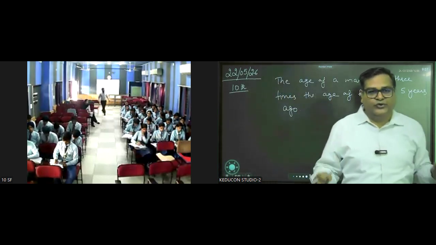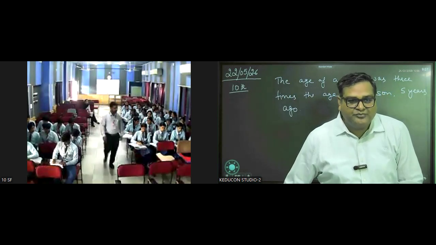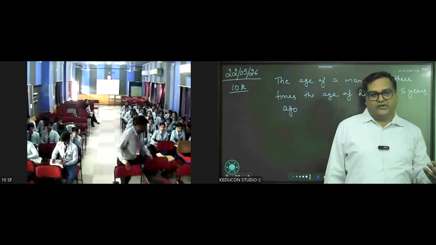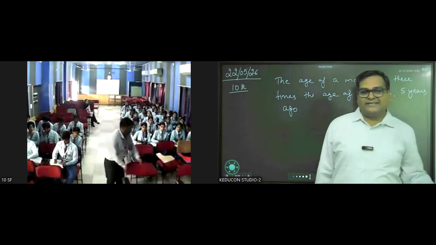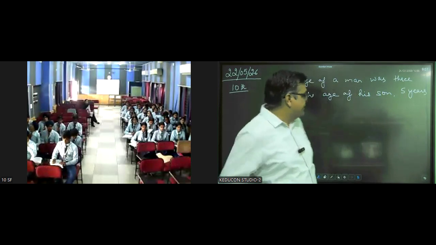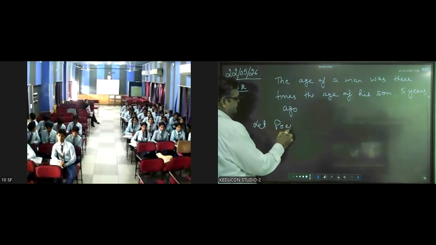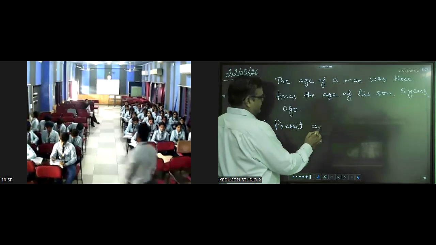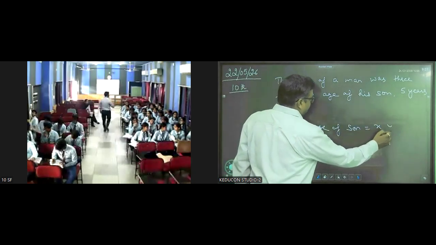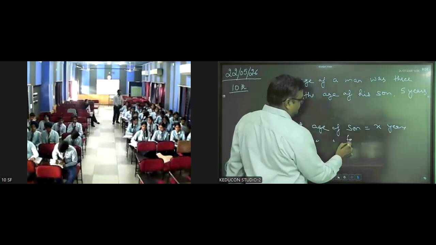So what you have to do, you take their present ages, or generally we assume whatever we have to find out. In this case, if we have to find their ages, we assume the age. Let the present age of son be X years and the present age of father be Y years.